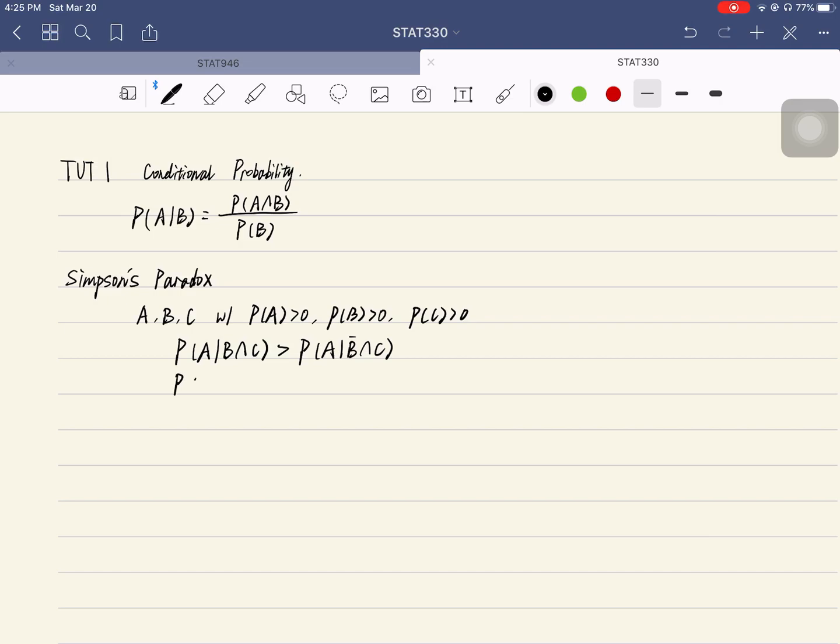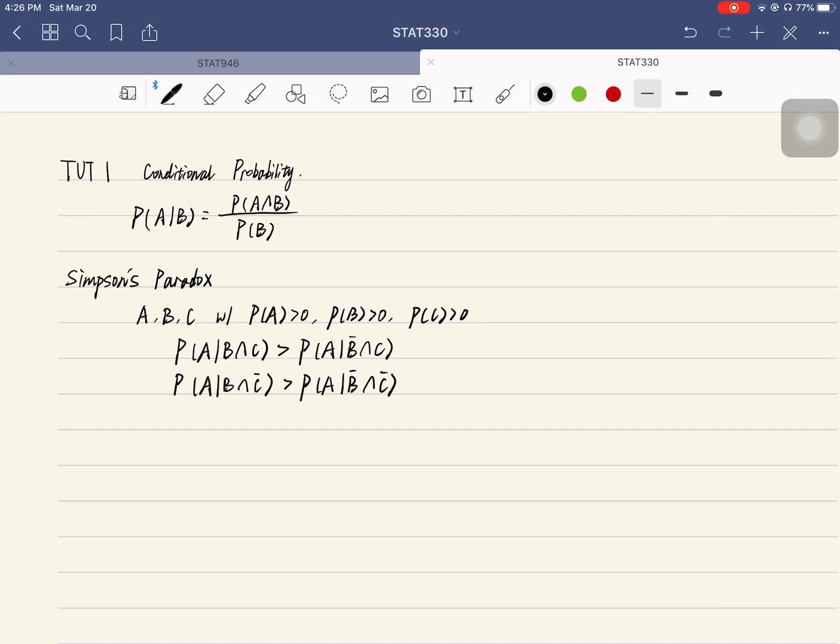Also, the probability of A given B and C complement, where C is not happening, is greater than the probability of A given B not happening and C not happening.